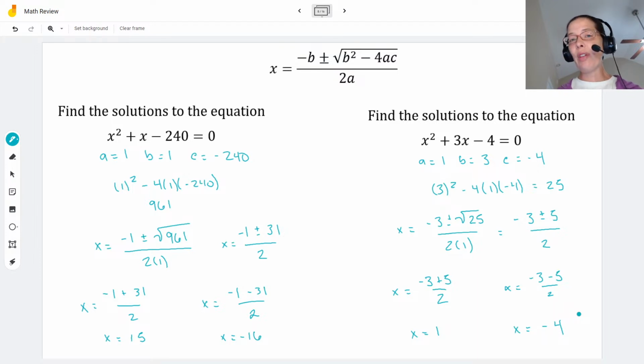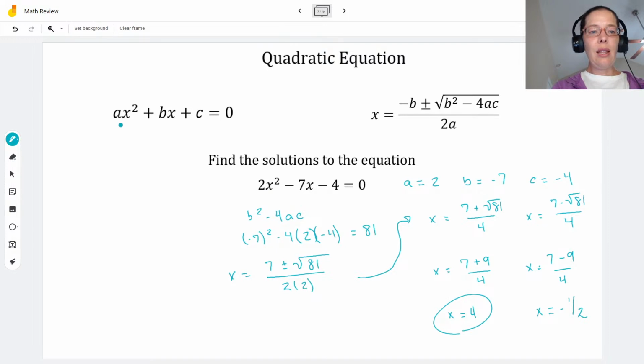So that is another thing that you can do. Just make sure that it is in this form here, and that you have the correct values for a, b, and c before you run it in your calculator. It's really handy to have in your calculator, especially if you're dealing with really tiny or really large numbers. But again, getting it into that proper form is really critical because the program is only as good as the numbers that you put in.